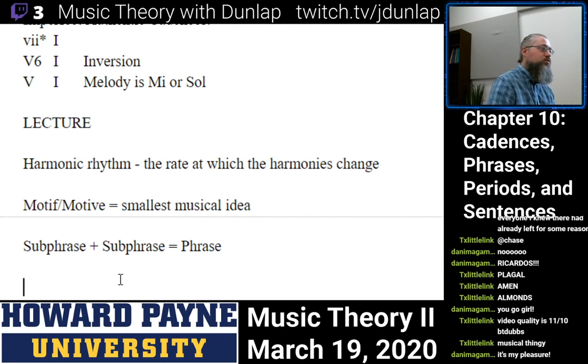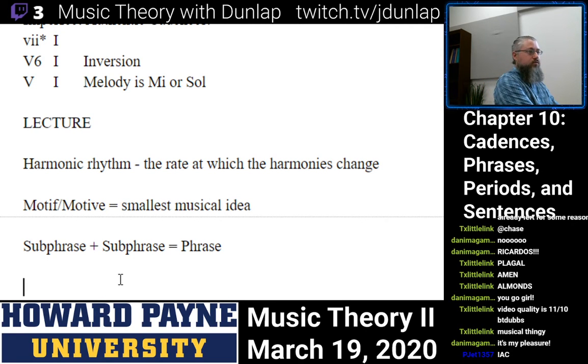Anyone got an answer for me? What type of cadence was this? So here's the tonic, and here was the chord we stopped on. So, if it was an imperfect authentic, that would have been the first subphrase. So let's listen to the subphrases.